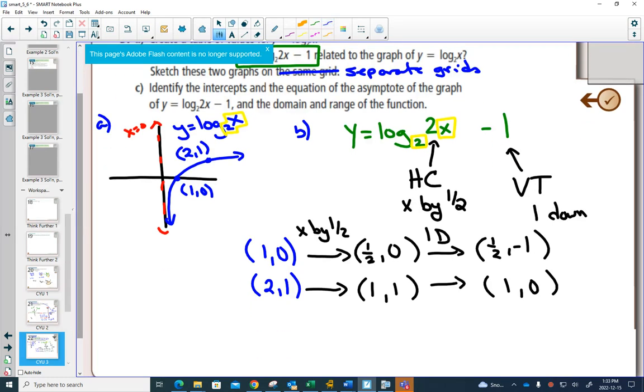The other thing I'm going to look at is what happens to my asymptote. And with a vertical asymptote, stretches and compressions won't change it because it's at 0. The only thing that will change it is if you translate it left or right. We don't translate to the left or right, so it's going to stay at x equals 0.